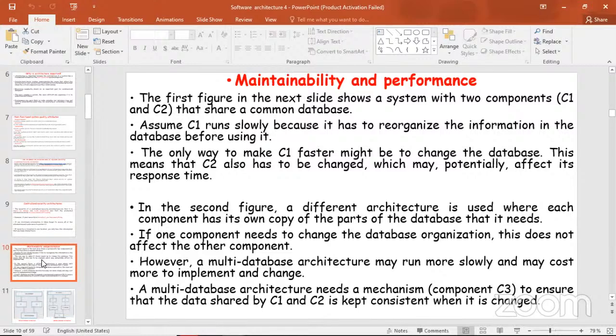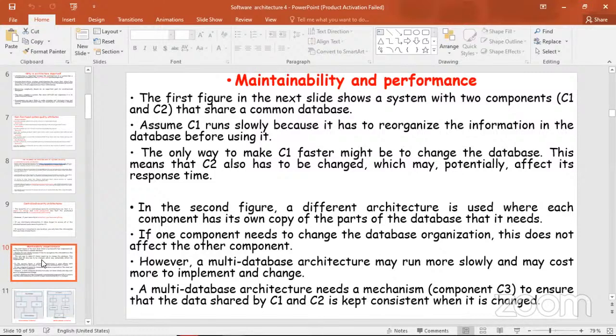So it takes you more time to be able to reorganize that information in such a way that you present it to the terminal for use. Now, the only way to make C1 faster might be to change the database. This means that C2 also has to change, which may potentially affect its response time, right?